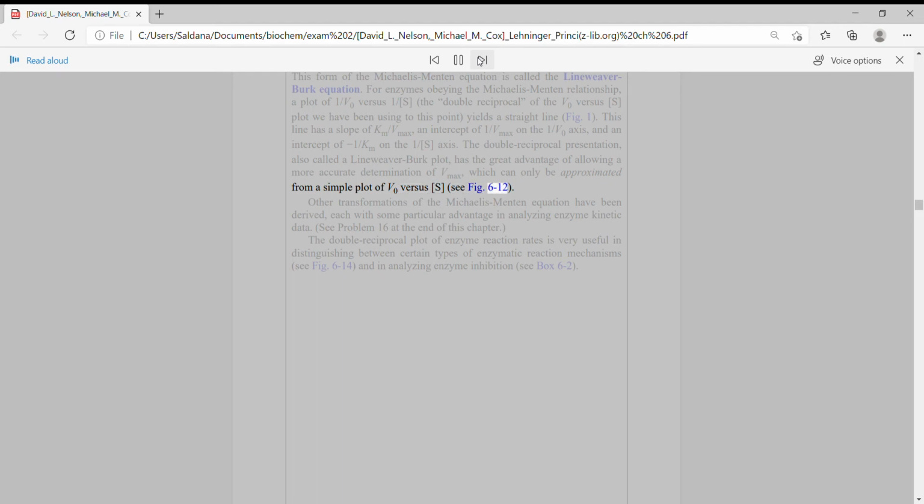Other transformations of the Michaelis-Menten equation have been derived, each with some particular advantage in analyzing enzyme kinetic data. See Problem 16 at the end of this chapter. The double reciprocal plot of enzyme reaction rates is very useful in distinguishing between certain types of enzymatic reaction mechanisms, see Fig. 6-14, and in analyzing enzyme inhibition, see Box 6-2.